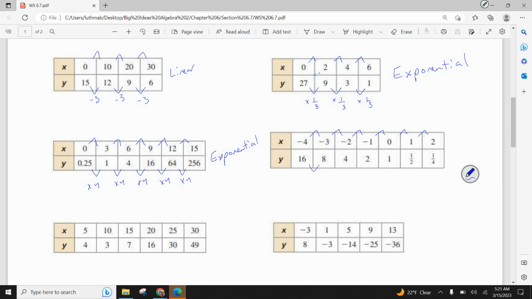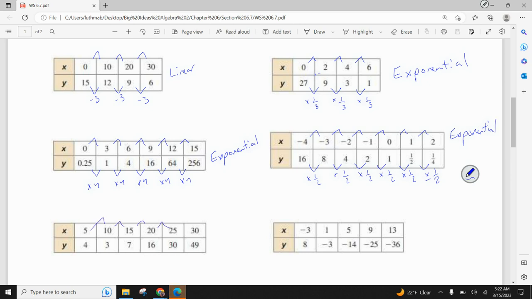This one I'm just going to skip the song and dance and show that it's multiplied by 1/2, multiplied by 1/2, multiplied by 1/2, multiplied by 1/2, by 1/2, and by 1/2. So again, common ratio, exponential.